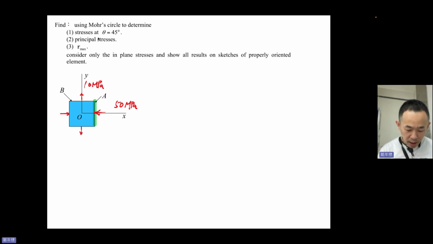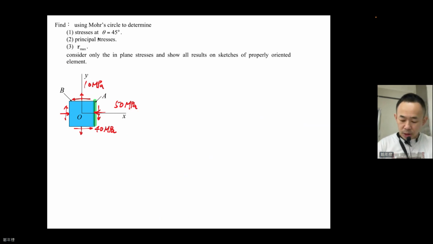Okay. And there are several shear upward, downward, right? And this is 40 MPa for the shear. Okay, so this is the problem, right? This problem is 50 MPa for the compression. Y direction is 10 MPa for tensile, and shear for 40 MPa.